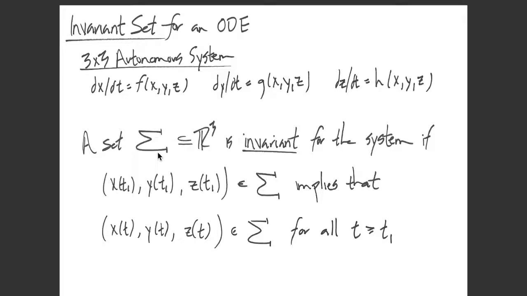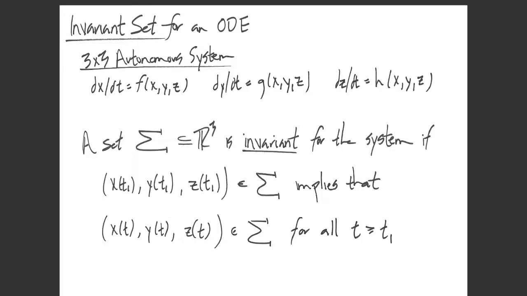So a subset of R3, let's call it sigma, is said to be invariant for the system if whenever a solution is a member of the set sigma, say at some time t1, we find that the solution trajectory x of t1, y of t1, z of t1 is a member of this set sigma, that always implies that for all later times the trajectory remains in sigma, we say that sigma is an invariant set for the system.